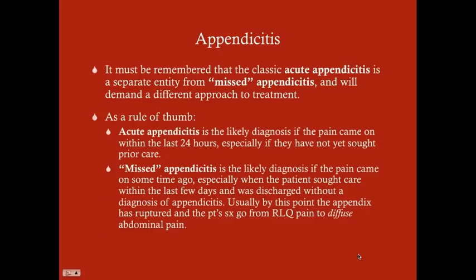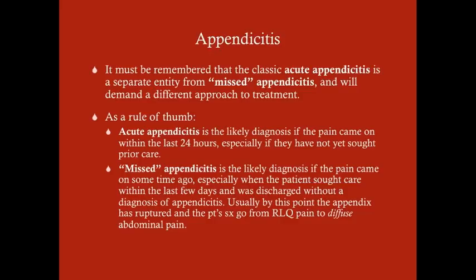90% of Americans don't. Okay, now it should be remembered that the classic acute appendicitis is a separate entity from what's known as missed appendicitis, and it's going to demand a somewhat different approach to treatment. So as a rule of thumb, acute appendicitis is usually the diagnosis when the pain is recent, like in the last several hours or in the last day, especially when the patient hasn't yet sought prior care.